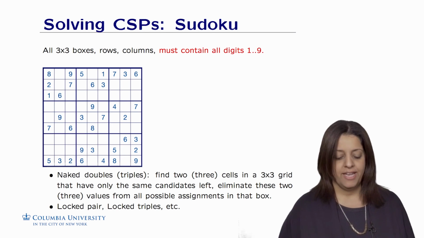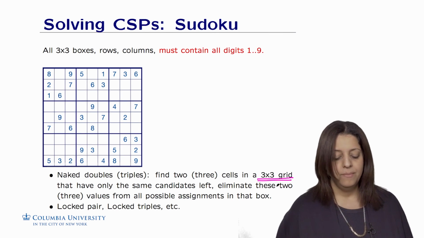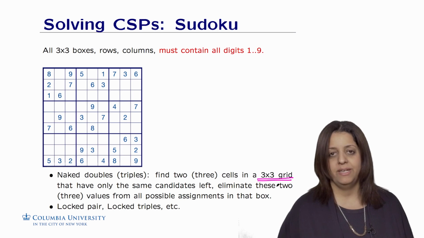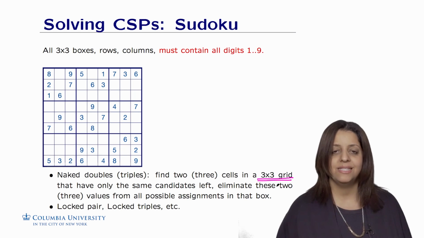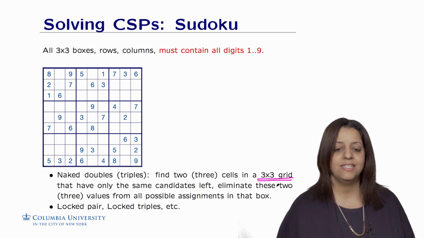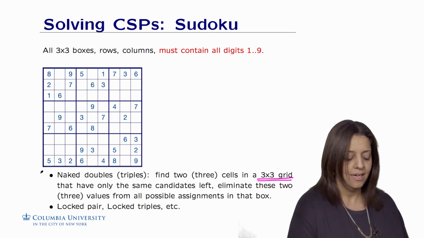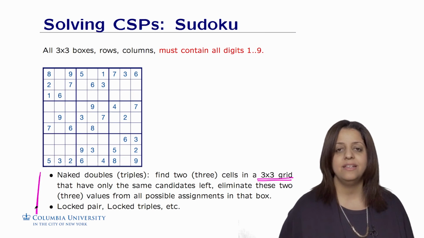For example, for a naked double, we need to find in a 3 by 3 box 2 cells that have the same 2 possible remaining values. This will help eliminate these 2 values from all the possible assignments in that same box. So by doing so, I'm using an advanced inference of the possible values for the cells, and these are typically some of the techniques used by Sudoku players to solve the puzzle.